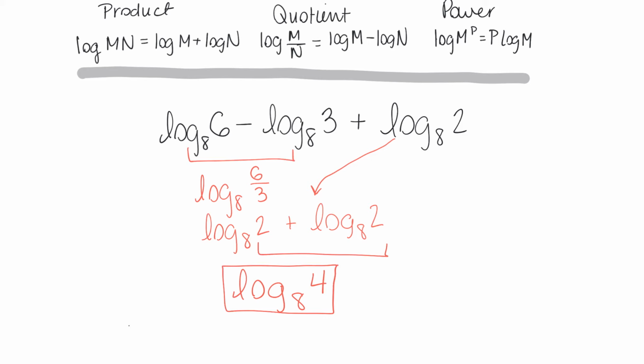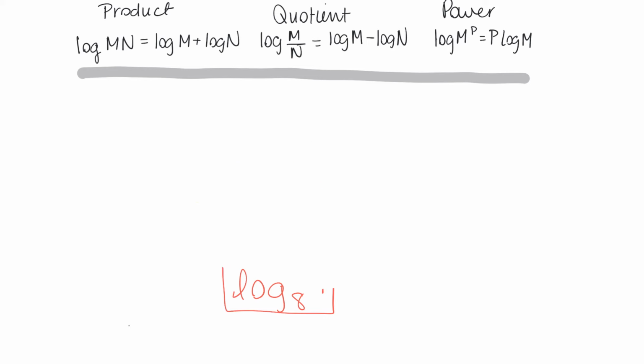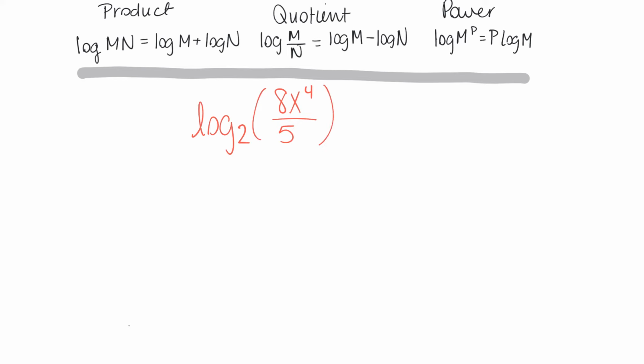All right, now, what does this look like when we start throwing x's in? Okay, what if we have a log base 2 of 8x to the 4th divided by 5? This is like a large division problem. So the first thing we're going to do is split this by division.